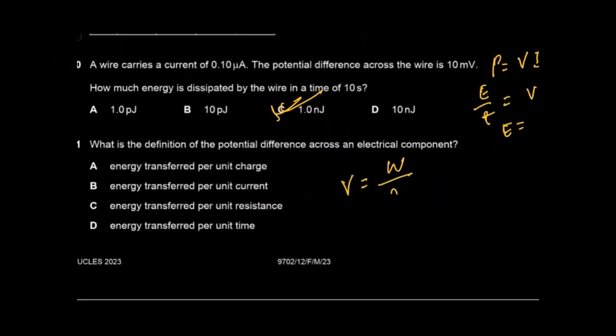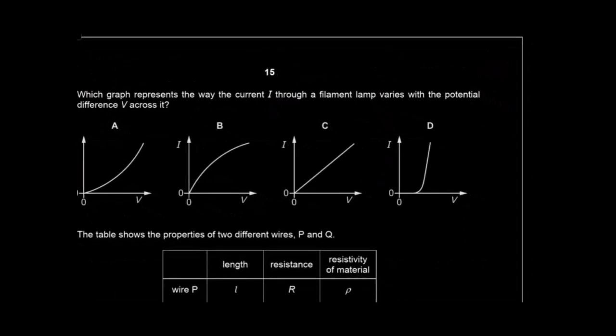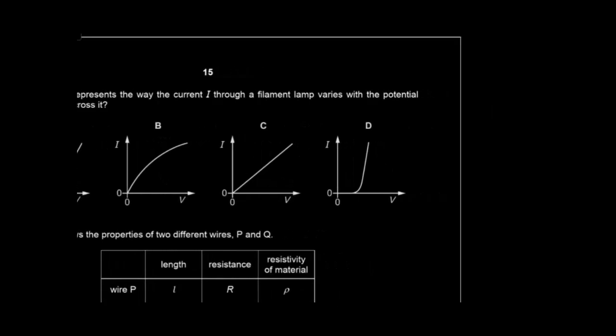Potential difference is equal to energy transfer per unit charge. Which graph represents the way the current I through the filament lamp varies with potential difference V across it?